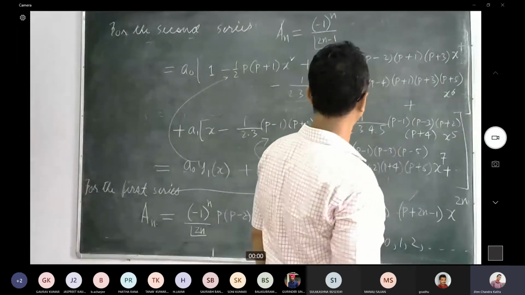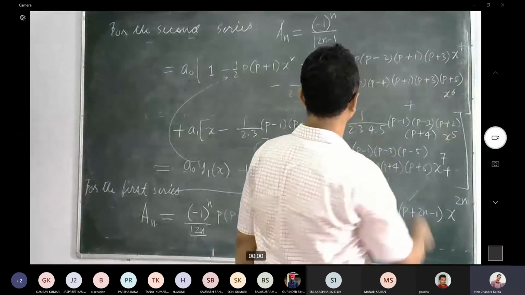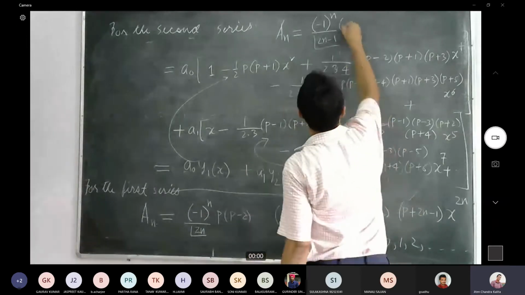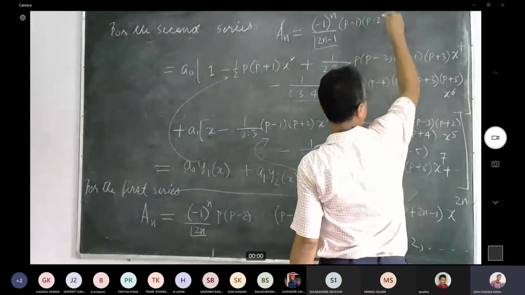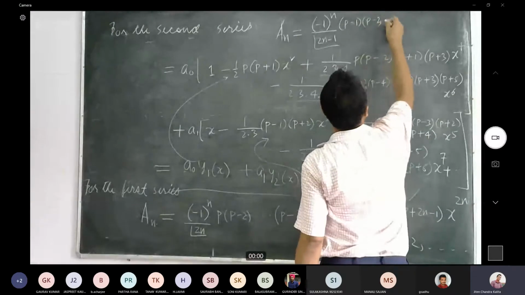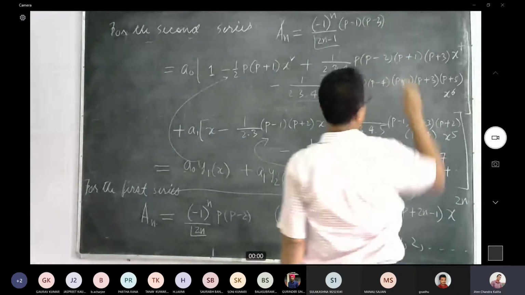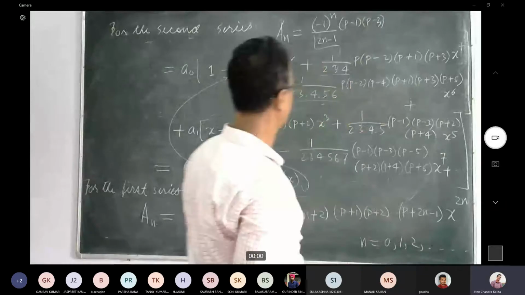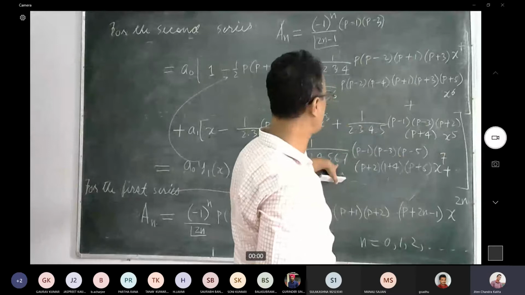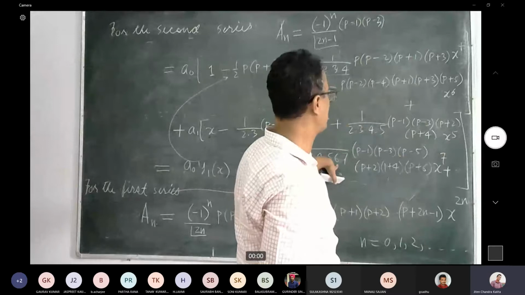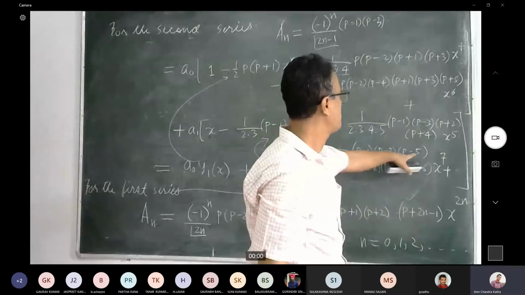Okay, fine, and then it is simply going to be p minus 1, p minus 3, up to... if you consider this to be the fourth term, then what is going to happen? P minus 5.